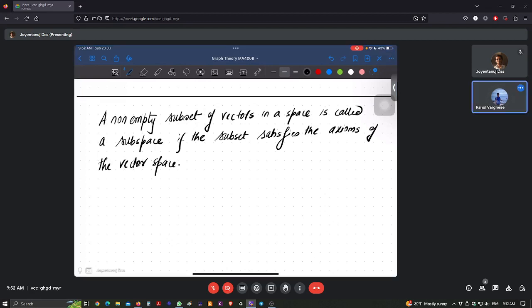So here we are defining a subspace of a vector space.